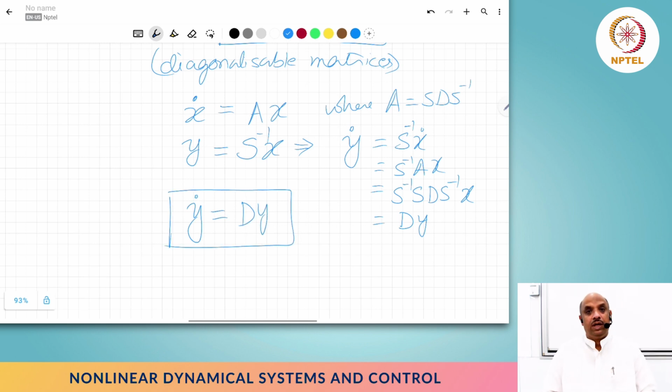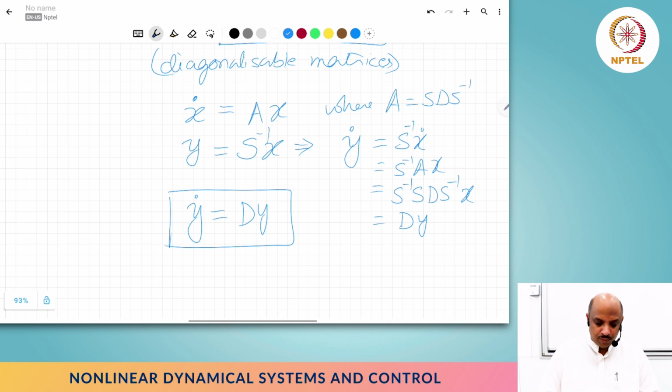But D is a bunch of independent systems because D is diagonal, right? The only difference from what we have considered so far is that D could be complex.